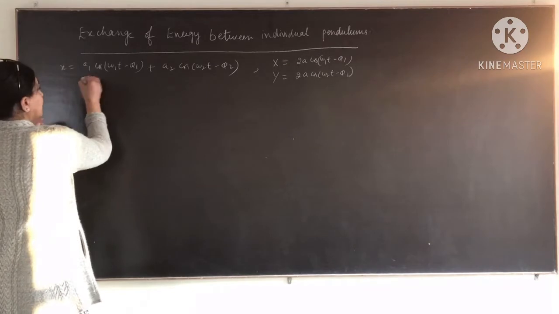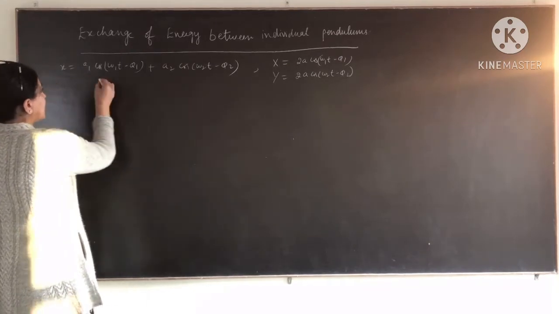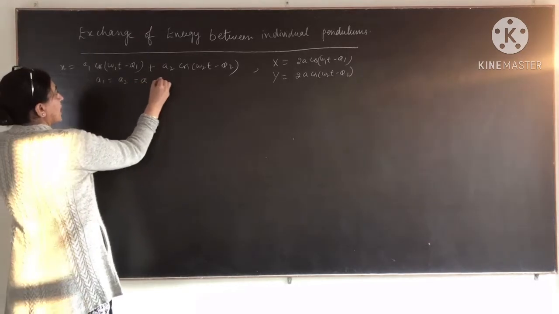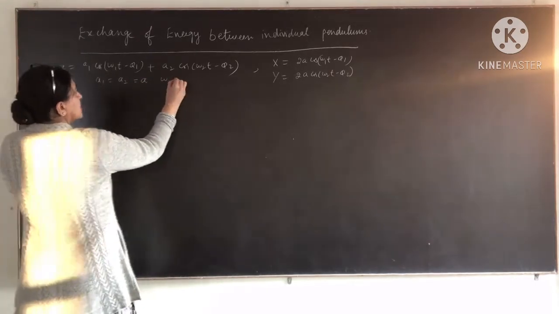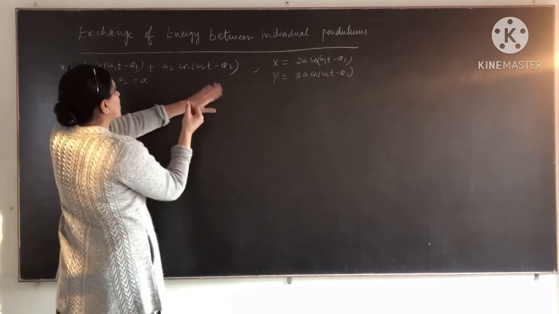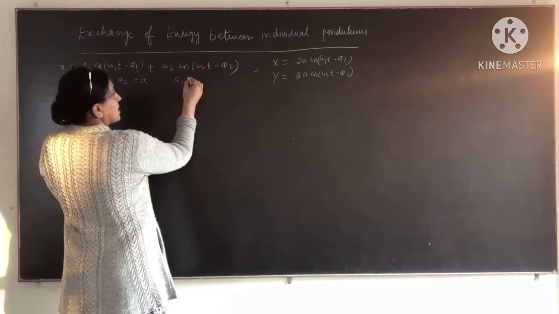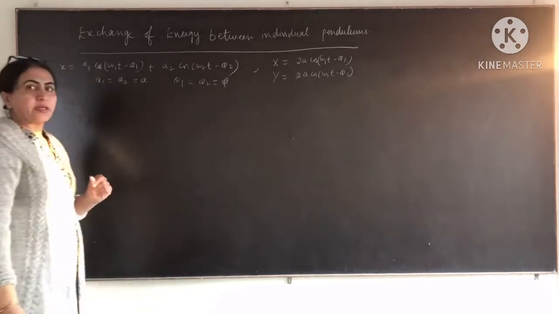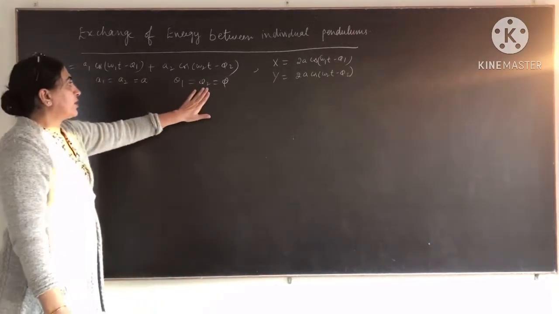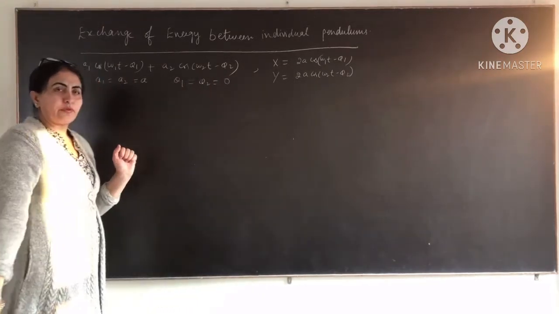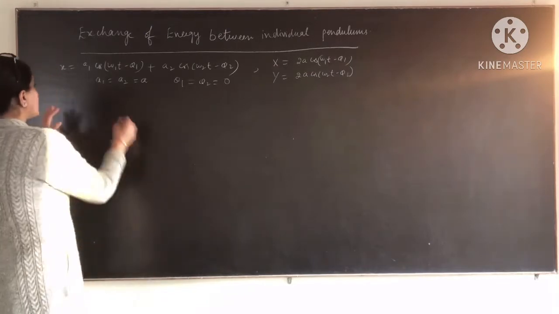To make it simple, we will put A1 equal to A2 equal to A, omega 1 equal to omega 2, and phi 1 equal to phi 2, which we take as 0.